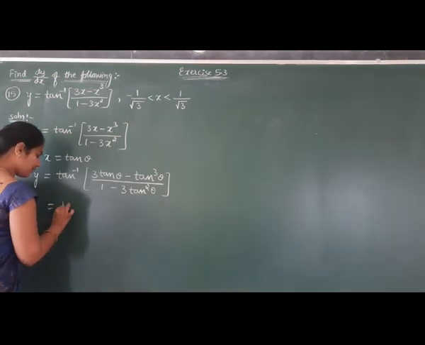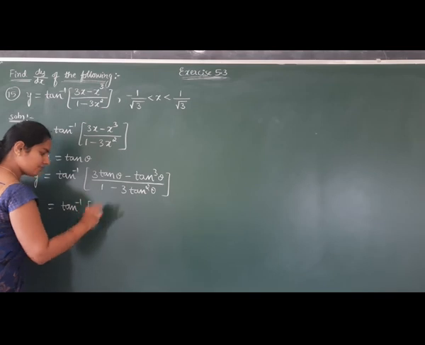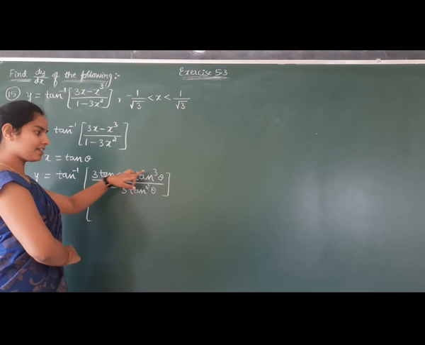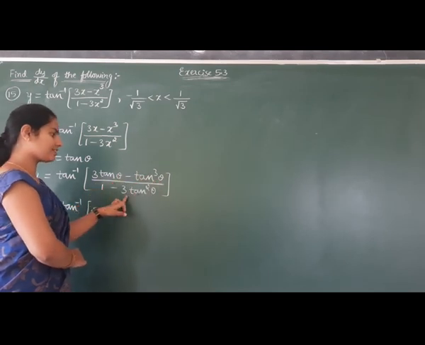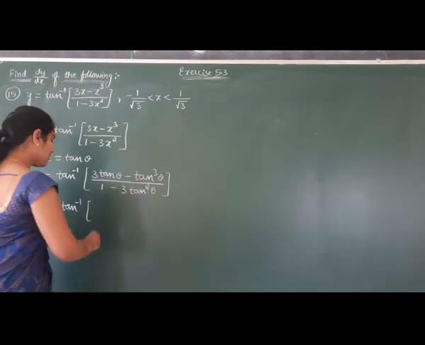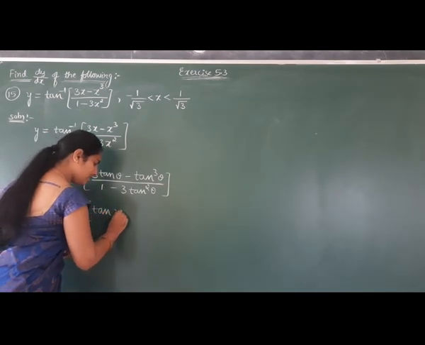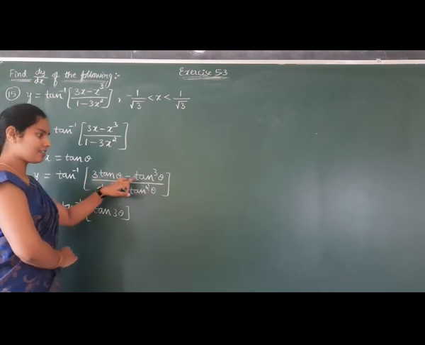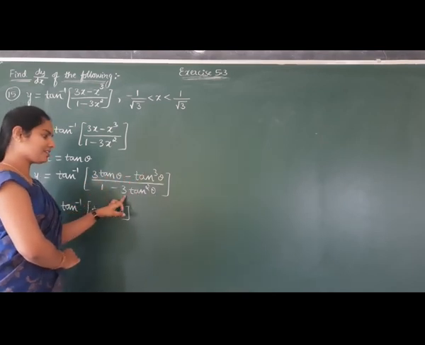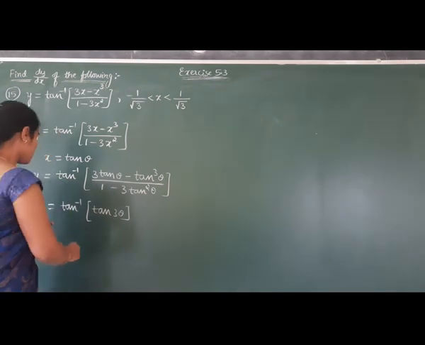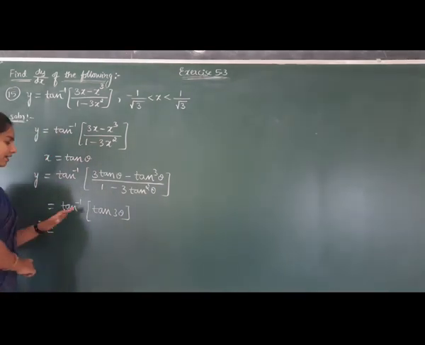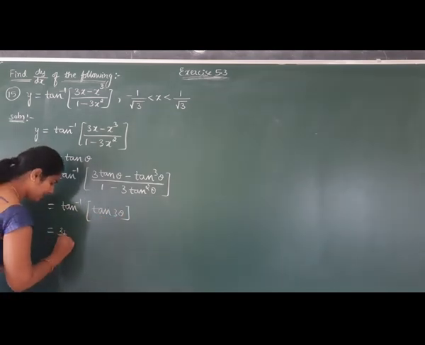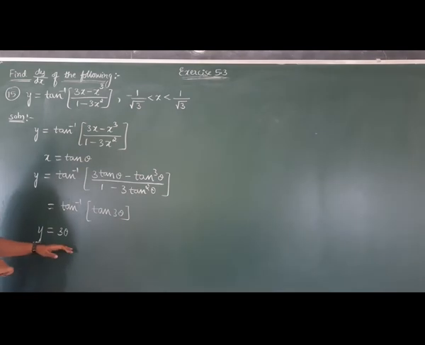So this is equal to tan inverse of, what is 3 tan theta minus tan cube theta divided by 1 minus 3 tan square theta? This is tan 3 theta. So tan inverse of tan of an angle is the angle, that is 3 theta. y is equal to 3 theta.